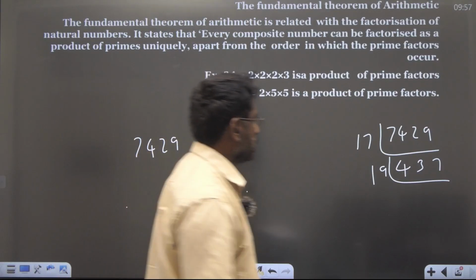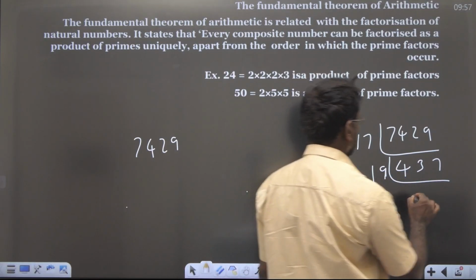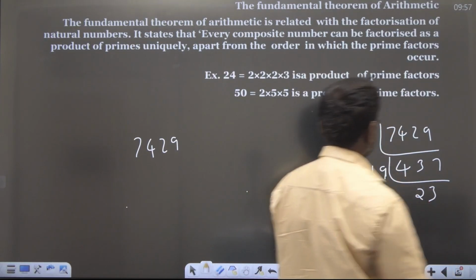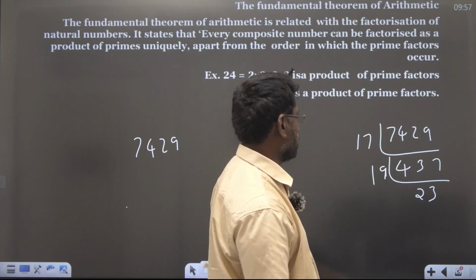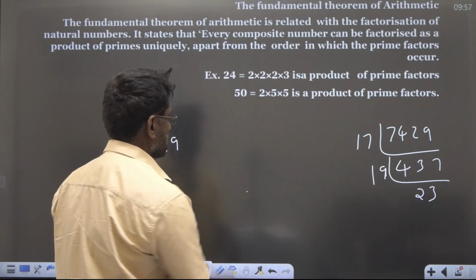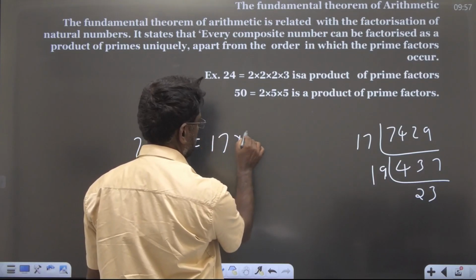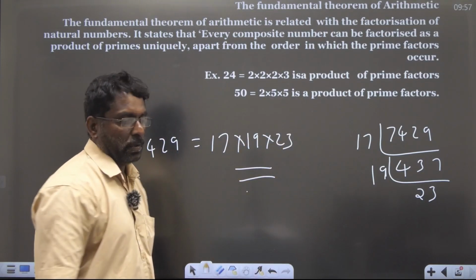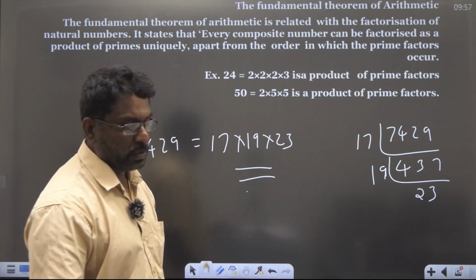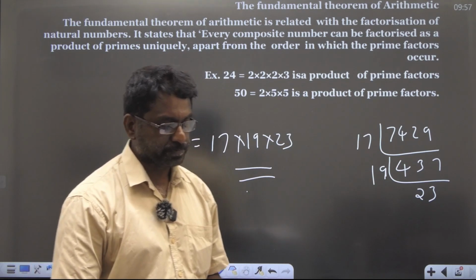That is 19 into 23. Yes, 19 into 23, correct. So this is equal to 17 into 19 into 23. This is the answer.